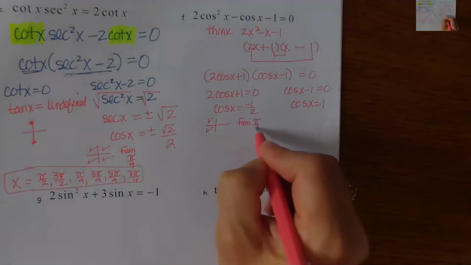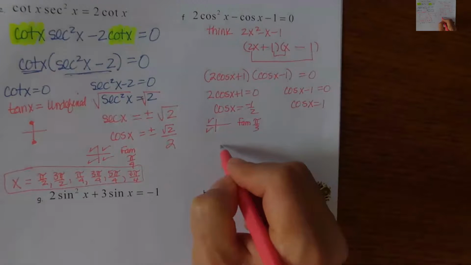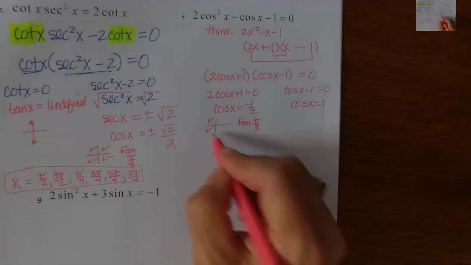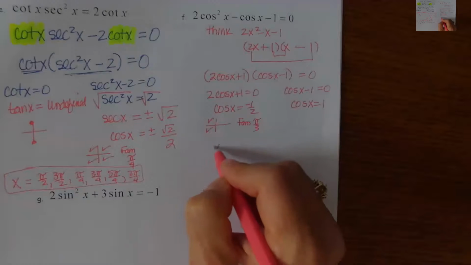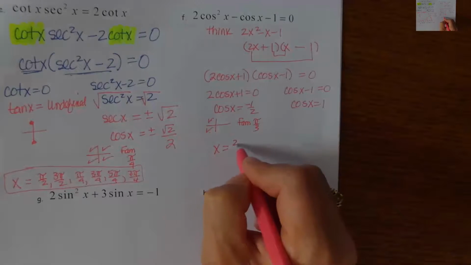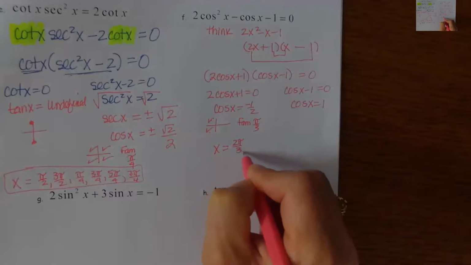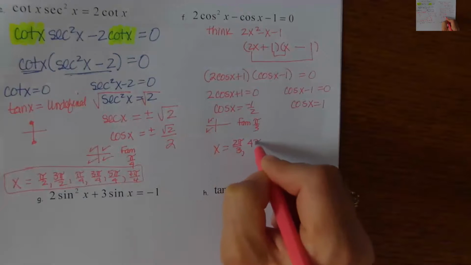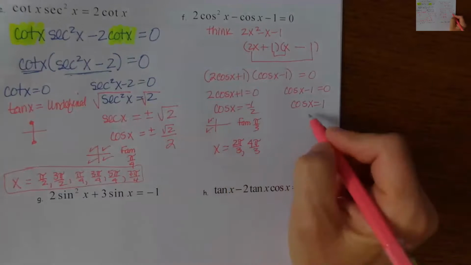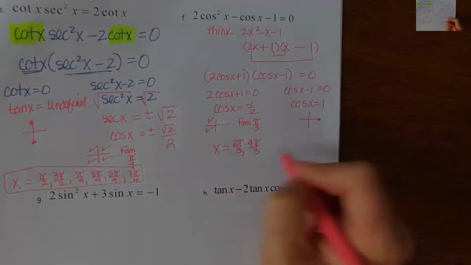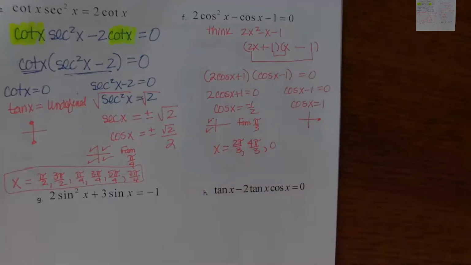Those are the pi over 3s, right? So it's these two quadrants. So x equals, the 3 here is 2 out of 3. The 3 here is 4 out of 3. Now, where does cosine equal 1? Right here. So that's 0.